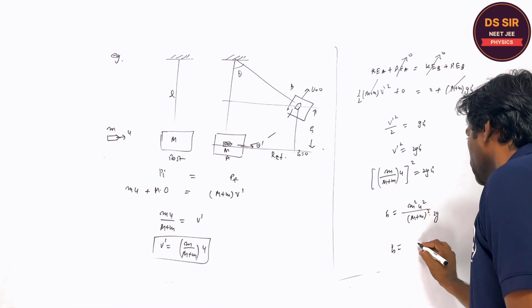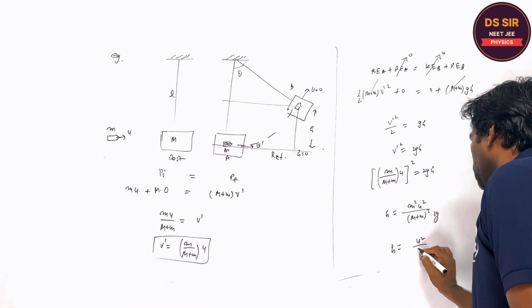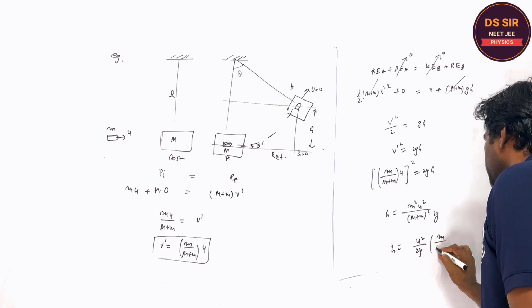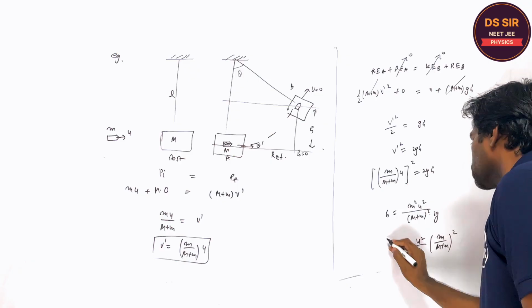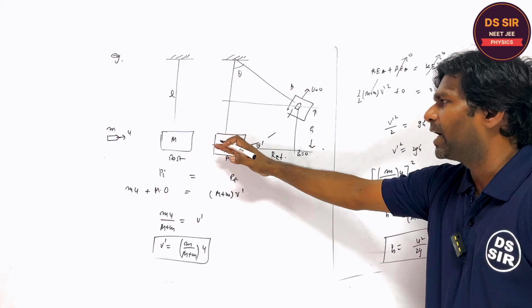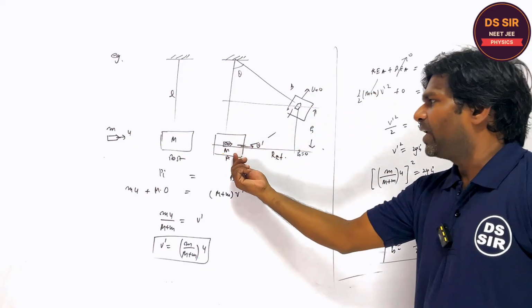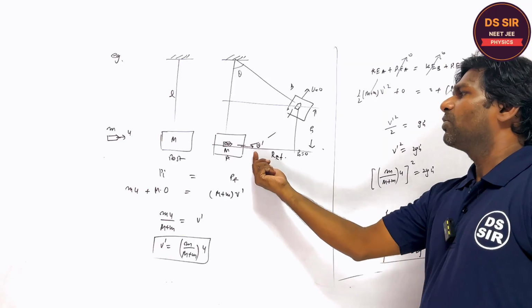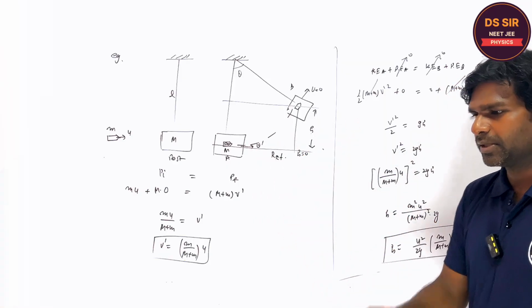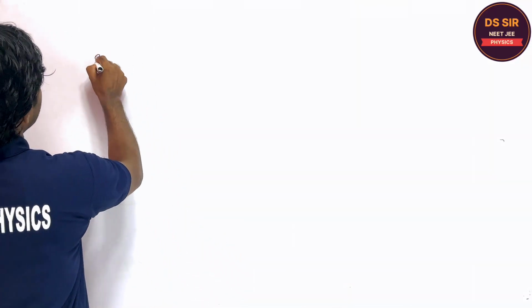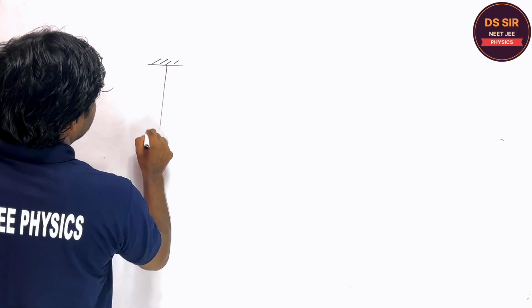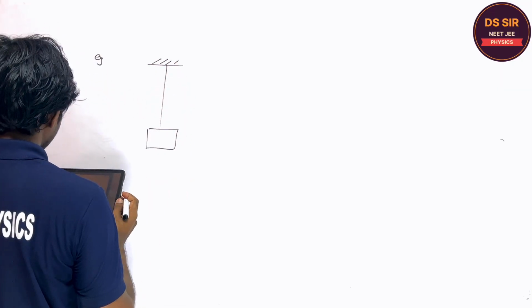So the height h is equal to u square upon 2g into m upon M plus small m whole square. So this is the maximum height raised by the bullet plus block system when it starts moving with the common velocity. Copy this.